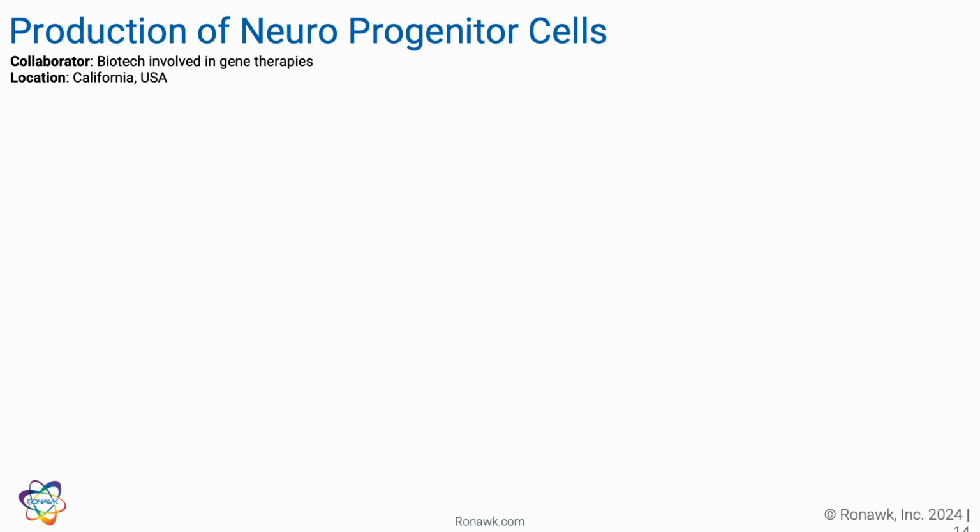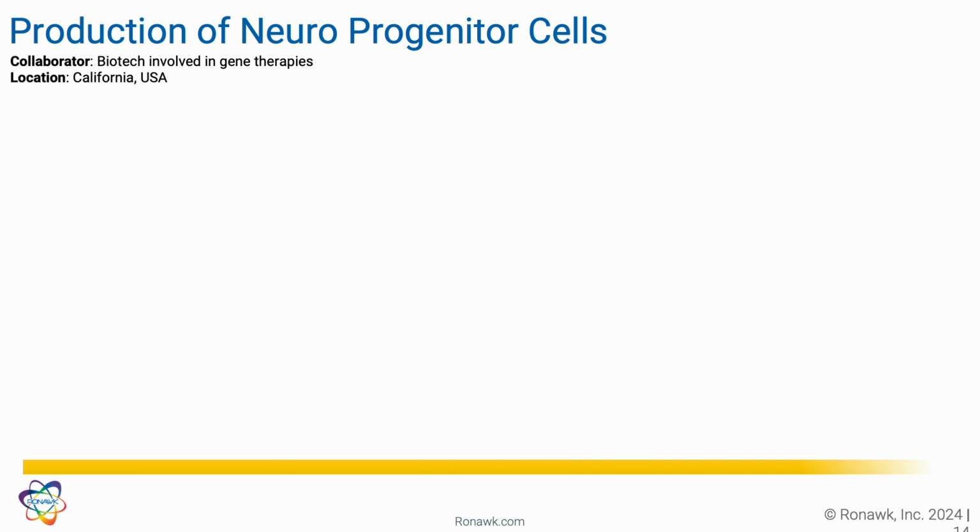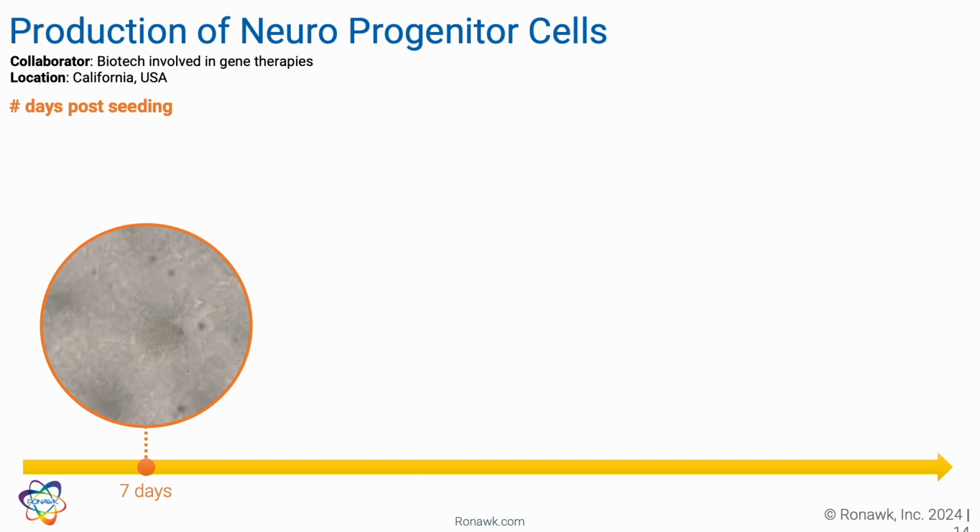And what they saw was they did a culture of, I believe, 14 days. We will see here. And you can see that by day 7, there is growth of those cells in the different areas. So these dark spots right here are what we call the pores.